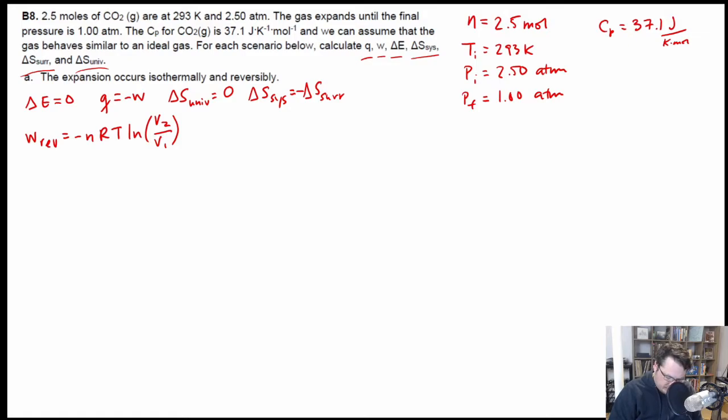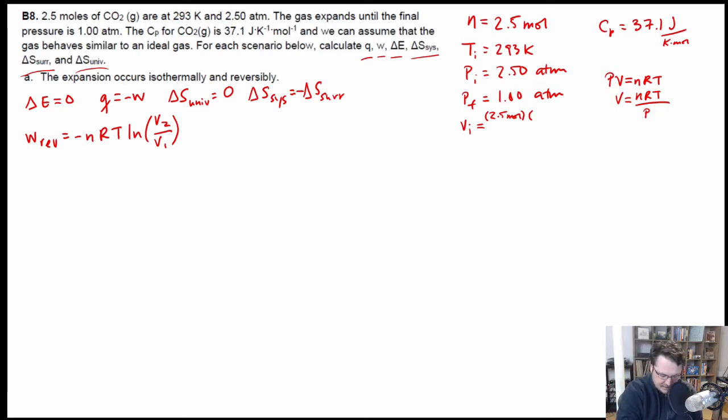To calculate V initial, we know the ideal gas equation is PV equals nRT. If we rearrange this, we have V equals nRT over P. So for V initial, V initial is going to be equal to n, which is 2.5 moles, times R. Because we're trying to get liters as our answer and we're given a pressure in atmospheres, we're going to use a different gas constant, because that will have different units.